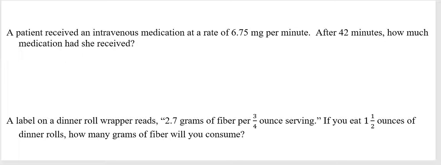Okay, the next question is a patient received an intravenous medication, or an IV medication, at a rate of 6.75 milligrams per minute. After 42 minutes, how much medication has she received?